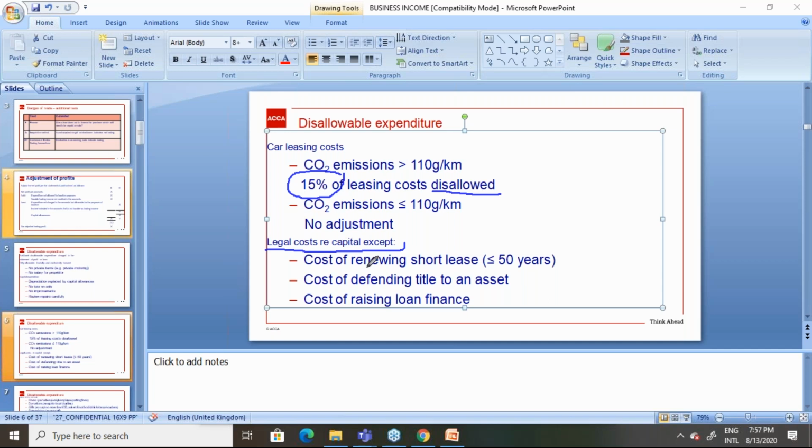In that case, the cost of defending the title, the ownership of an asset, is an allowable expenditure. Then the cost of raising loan finance, not capital, but raising loan finance, that is to obtain a bank loan, that kind of a loan facility, if you are incurring certain costs, they are also allowable expenditure.